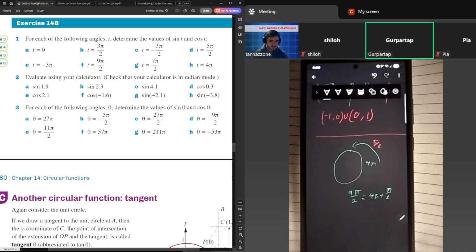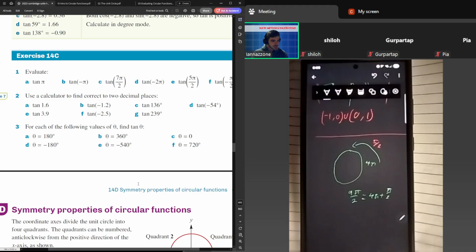Just 180 degrees, right? 180. Yes, correct. So sine and cos are there for. Cos -1 and sine 0. That's it. Yeah. Sweet.